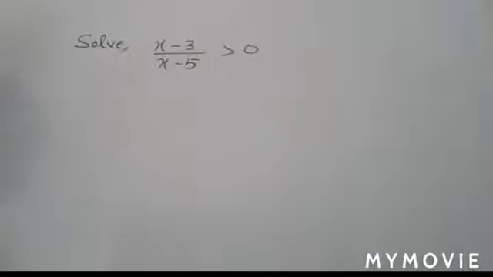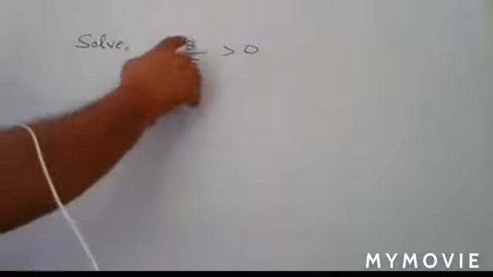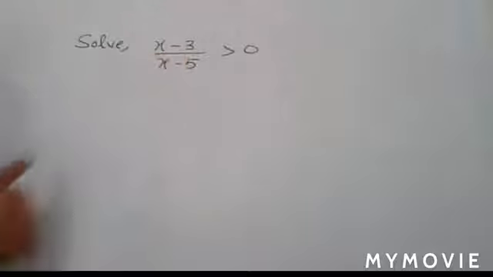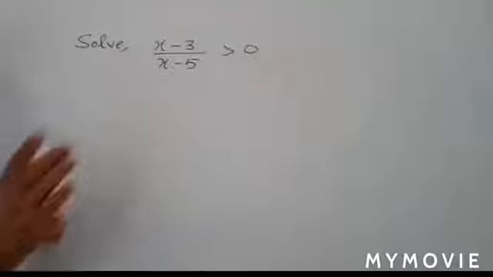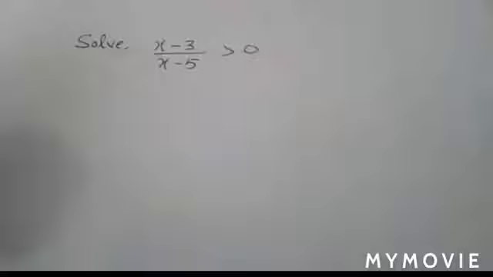So what are you doing? Listen very carefully. Here you have your result: the complete fraction (x minus 3) upon (x minus 5) is greater than 0.